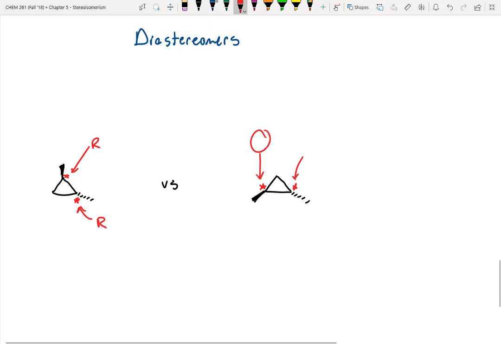So this one on the left, is that going to be an R or an S? S? What about the one on the right? It's going to be an S. Okay, so we've assigned stereocenters here. It looks like what was RR is now SS. So what does that mean? They're enantiomers.